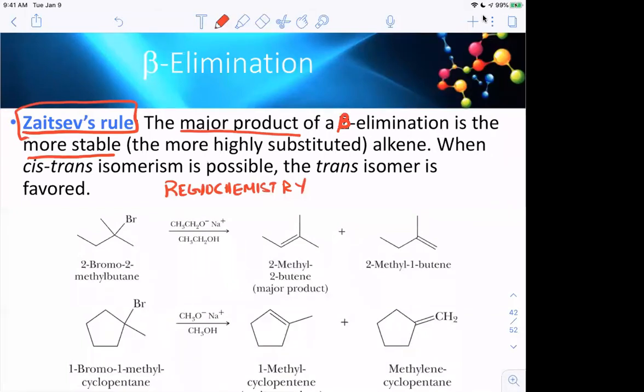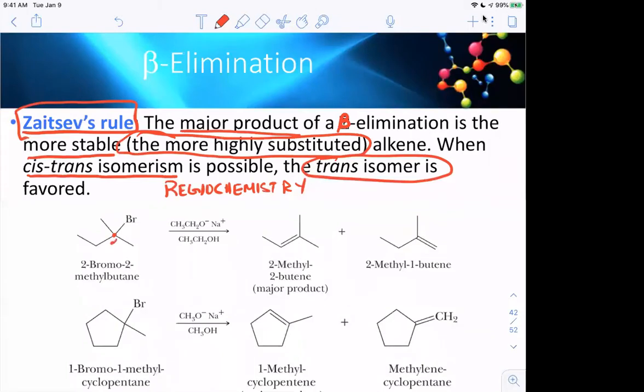Now remember, based on the heats of hydrogenation that we studied in chapter 5, the more highly substituted alkene is actually the more stable alkene. And when I can have cis-trans isomerism, the trans isomer is more favored. So let's look at these examples.